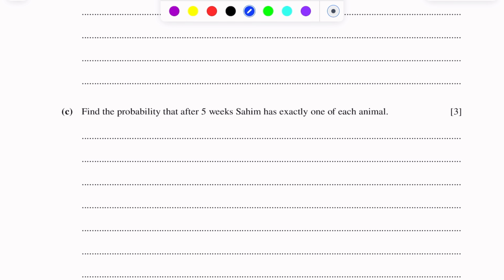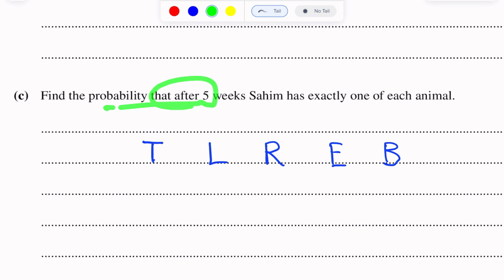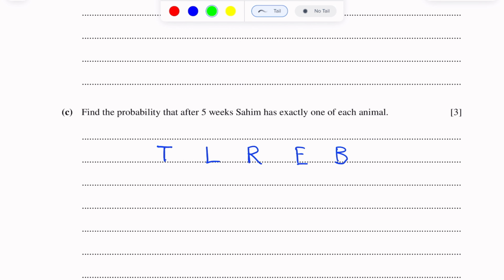Animals are tiger, leopard, rhinoceros, elephant, buffalo. Find the probability that after 5 weeks, Sahim has exactly one of each animal.